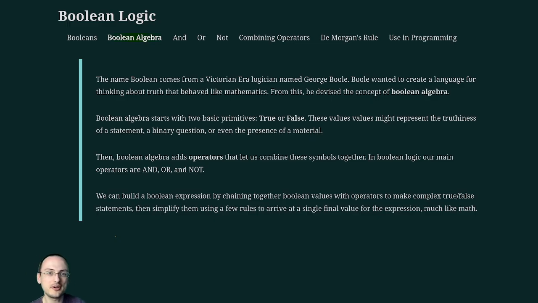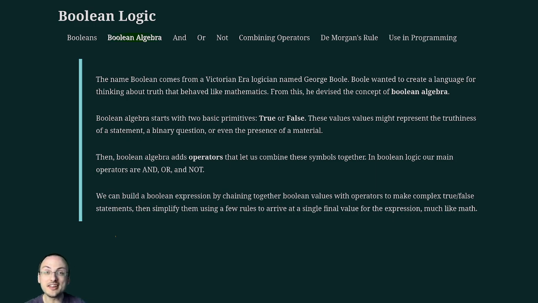What Boole wanted to do in some of his research was create a language for thinking about the truth. And he wanted this to behave almost like mathematics, where in our normal descriptive language, there's a lot of fuzziness around what words mean, and so sometimes the truth is a gray area.